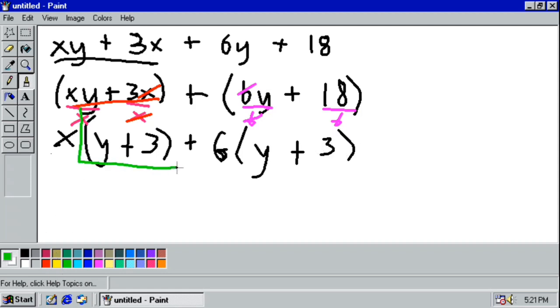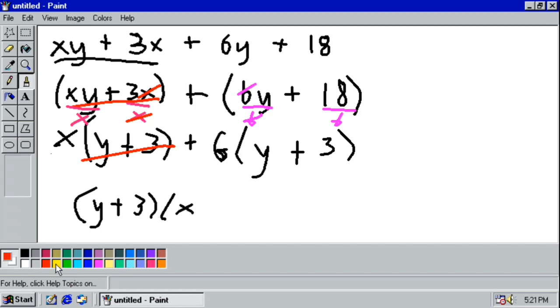As you can see here, we have the same binomial. So we're going to use that in our first parentheses. We're going to have y plus 3, and for the second one, you're going to remove the y plus 3, and it will become x, and remove the y plus 3, and it will be positive 6.